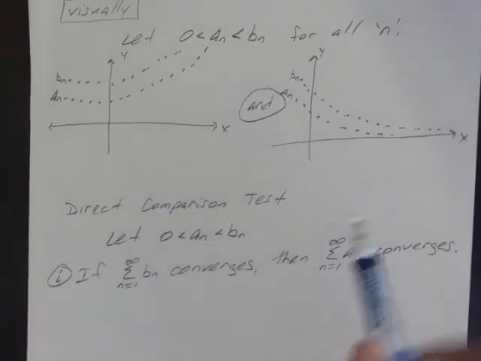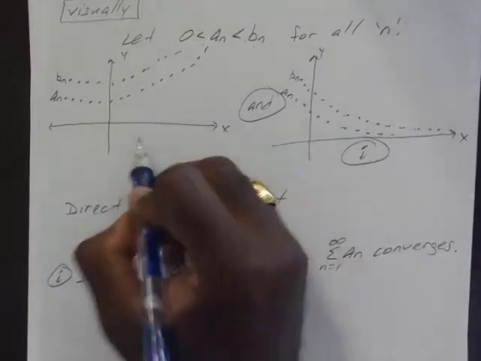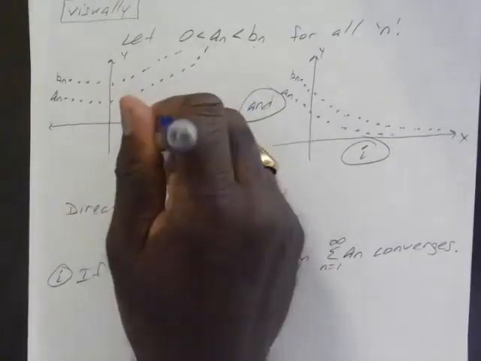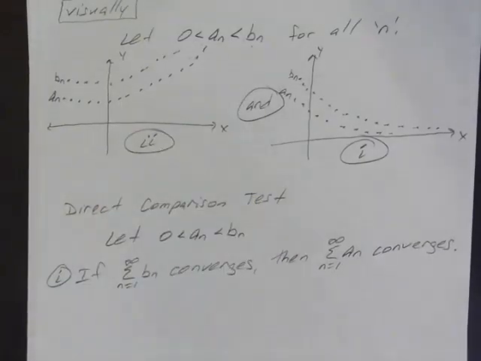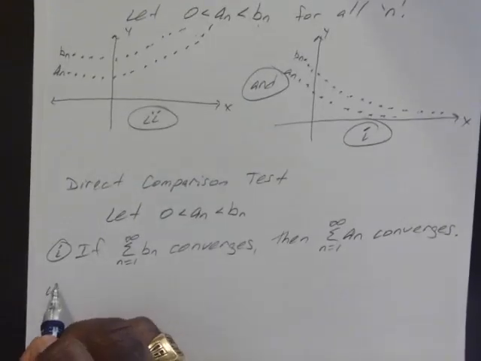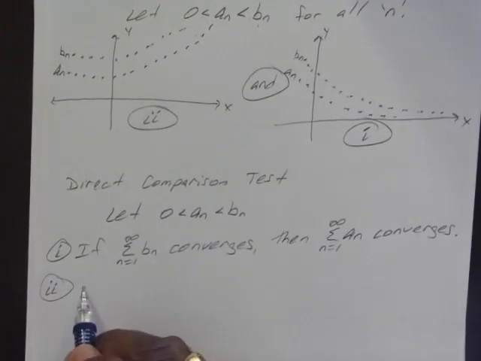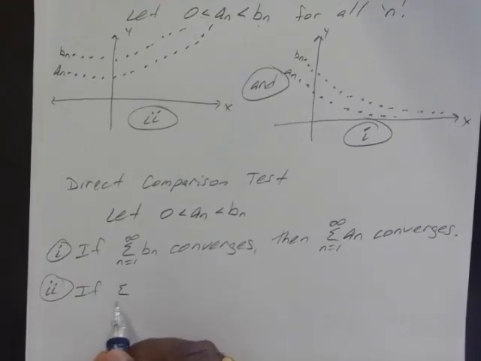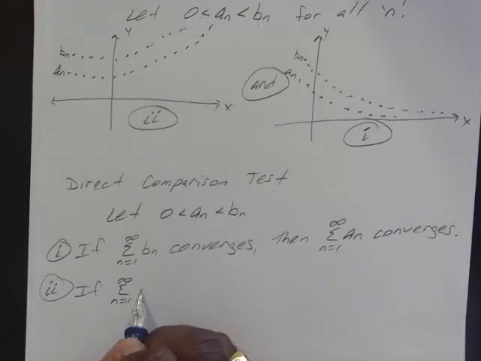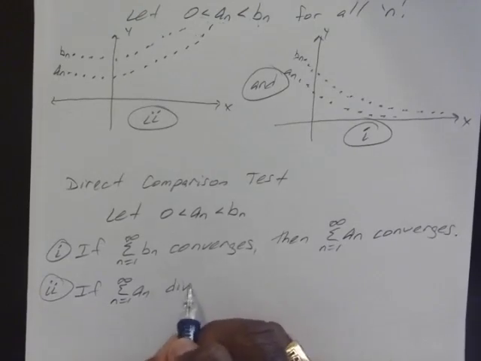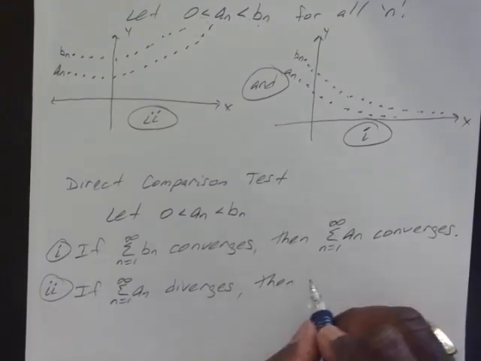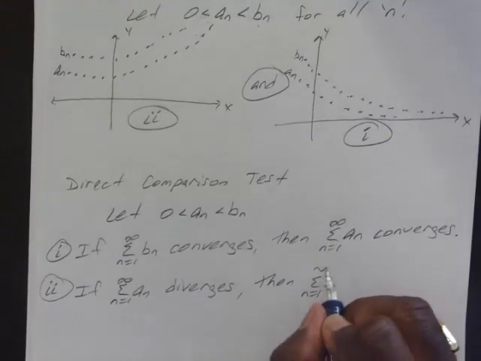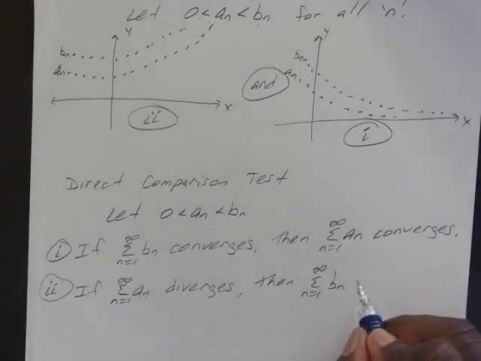And I should have switched these around. This is actually number 1, and this one will be number 2. Make that a little neater. For the second comparison test, if the sum from n equals 1 to infinity of a sub n is divergent, then the sum from n equals 1 to infinity of b sub n, that series is also divergent.